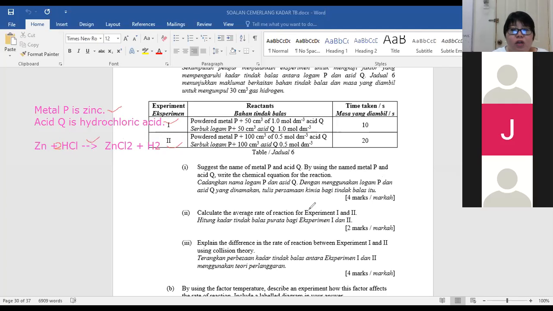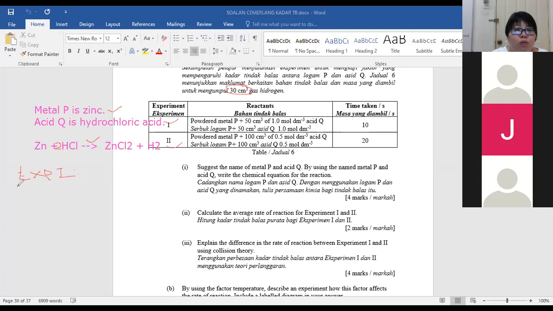Okay, now next part. Calculate the average rate of reaction for experiment 1 and experiment 2. Now, from the question, it was said that 30 centimeter cube of hydrogen gas is produced. Therefore, you are writing as experiment 1. Have to label, then you write about the rate of reaction.